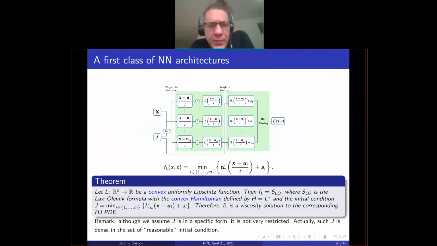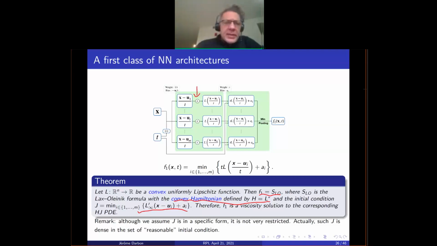What you can prove is that for this neural network architecture, when L is convex because H is convex, F1 is the Lax-Oleinik solution of the convex Hamiltonian that is given by the Fenchel transform of L. So the activation function L gives you the Hamiltonian by considering its Fenchel transform. And then the initial data can be expressed using the concept of asymptotic functions in convex analysis.